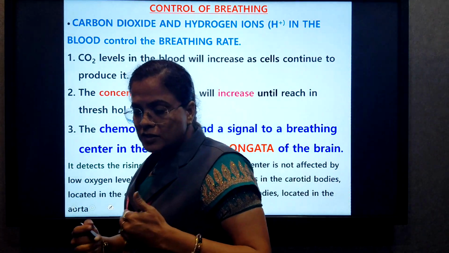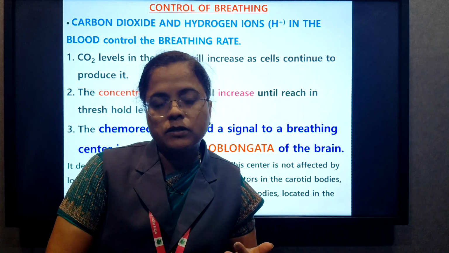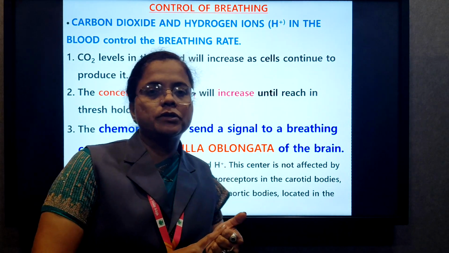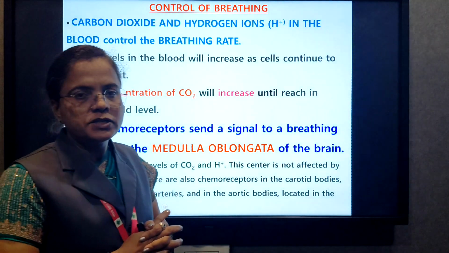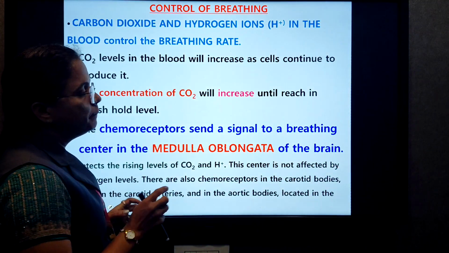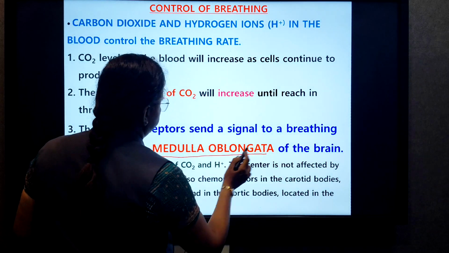Now, the respiration mechanism includes breathing, external respiration, internal respiration at the cell level, and cellular respiration. This mechanism of respiration is controlled by the CNS, mainly the medulla oblongata.